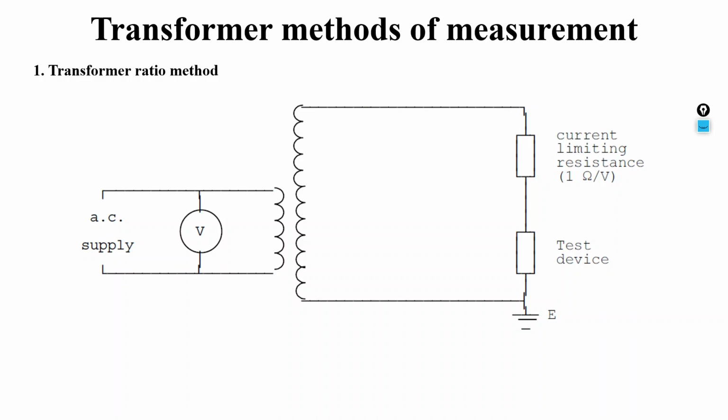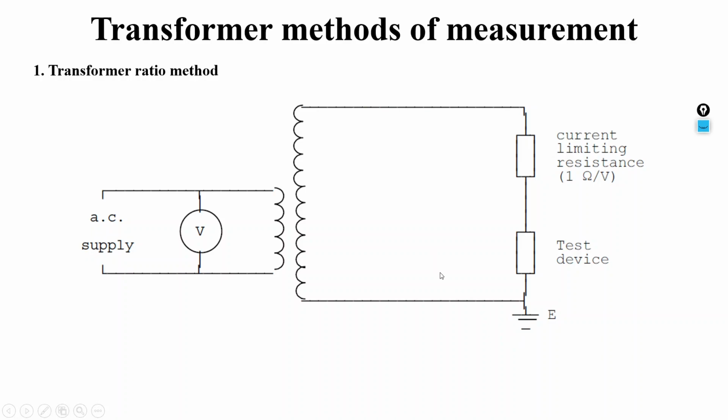Here, if you know the transformer ratio, we can measure the voltage at the low voltage side and find out the voltage at the high voltage or secondary side. Based upon the transformation ratio, we can get the measurement on the secondary side by measuring the voltage on the primary side. So this is a simple method with the help of which we can measure high voltage.